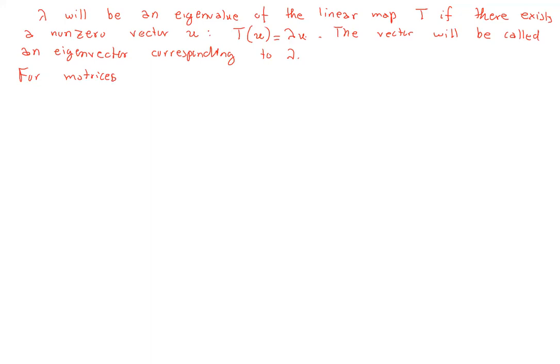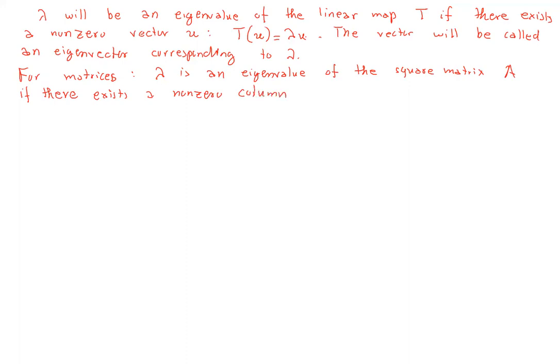So for matrices, lambda is an eigenvalue, and we're talking about square matrices here, of the square matrix A if there exists a non-zero column matrix U such that AU is equal to lambda U. Then the column matrix U is called an eigenvector.